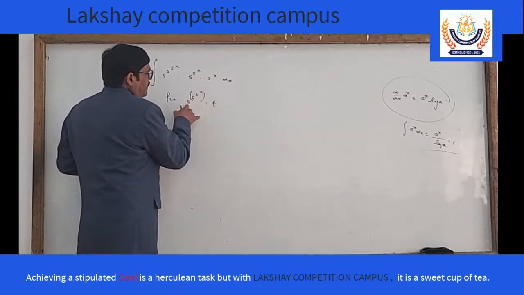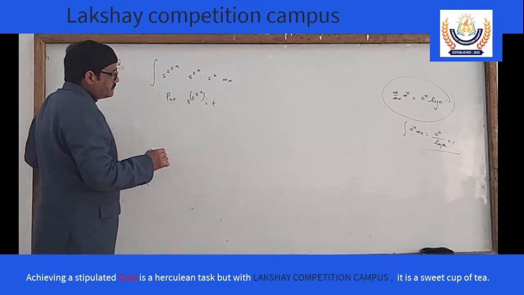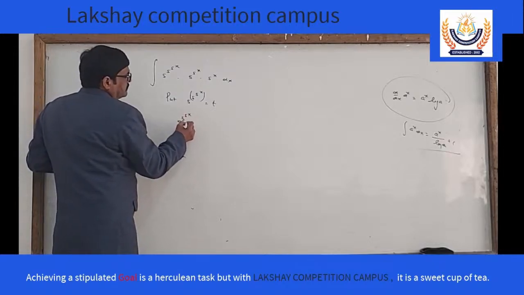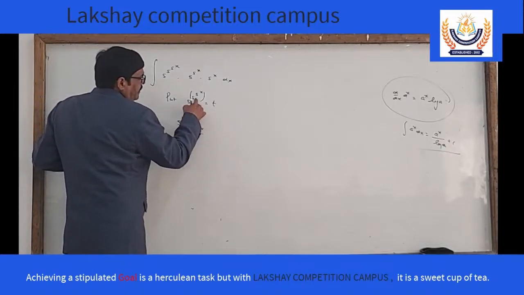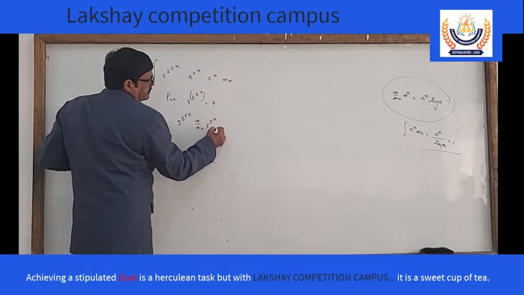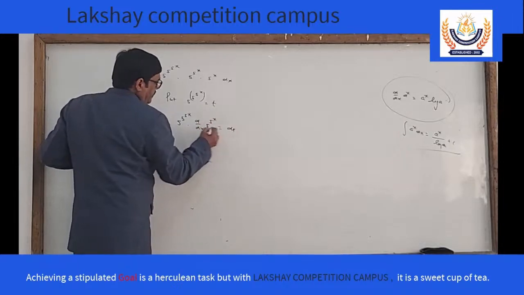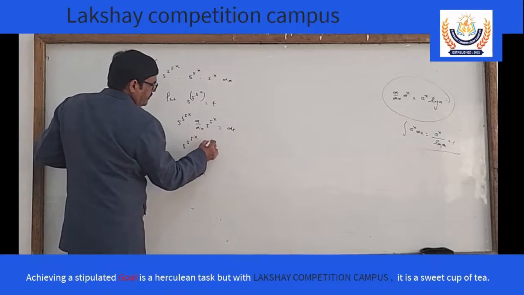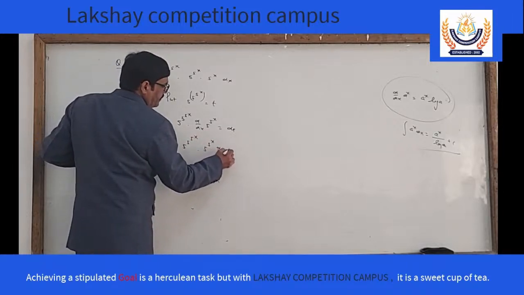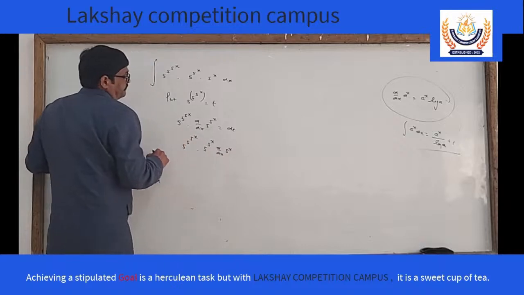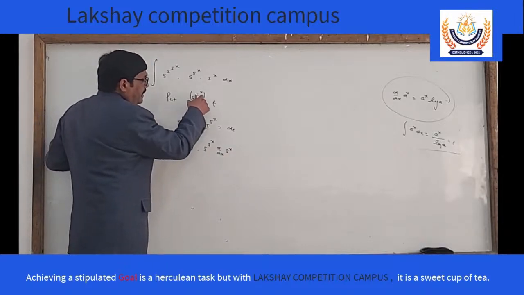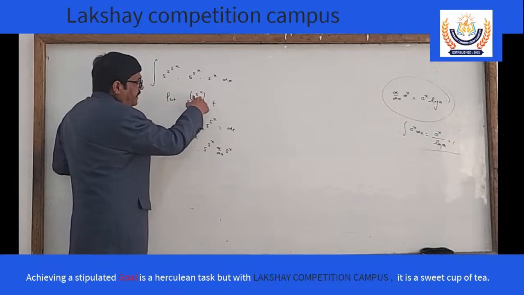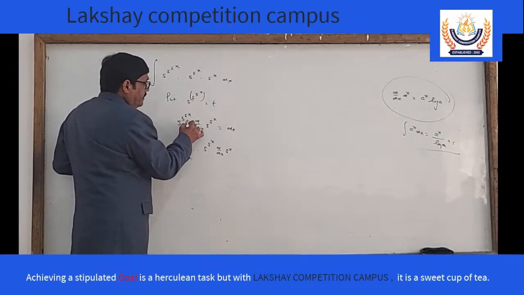This is a raised to power x. Now the derivative again of 5x, that is dt. So we have 5 raised to power 5x. Again you find the derivative of 5 power x. A power x derivative is what? A power x log a.